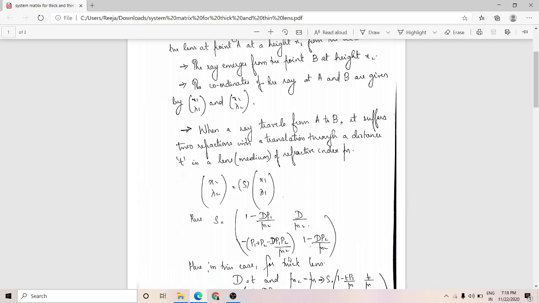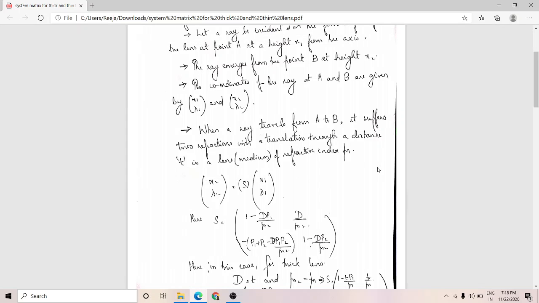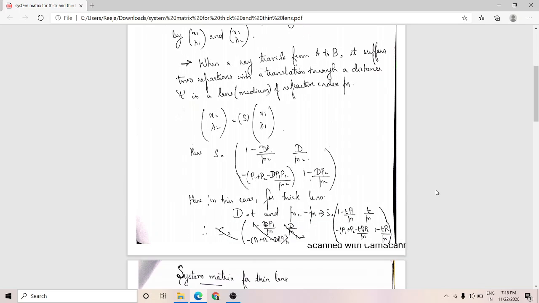This is the system matrix which we have already found out when the ray is undergoing one refraction at the surface of the lens, then a translation through the lens, and then a refraction out of the lens. Now, for a thick lens, you just replace capital D with the thickness of the lens T, and mu 2 is the refractive index of the lens which we have taken as mu.